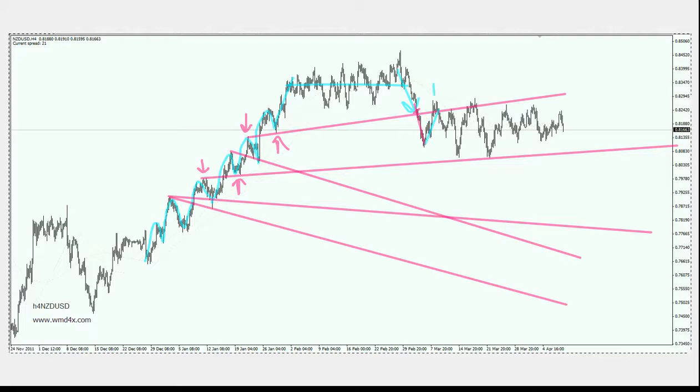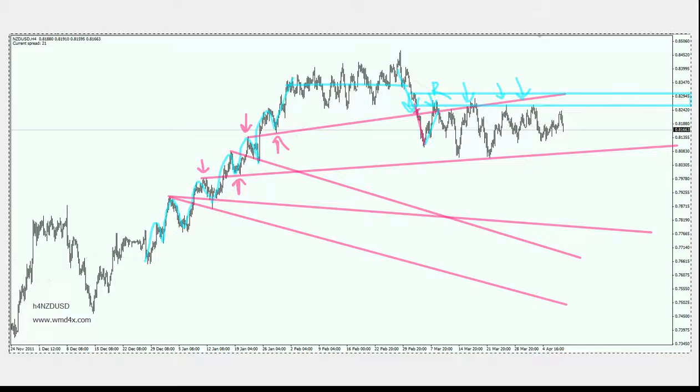On the first pullback, the second pullback, she's been acting as resistance, and in fact, anytime she gets anywhere near it, she's acting as resistance. So as long as that area is holding, and as long as she's holding the price below 83, we have very good reason for remaining technical short on this instrument, but using this wall in order to determine our entry.